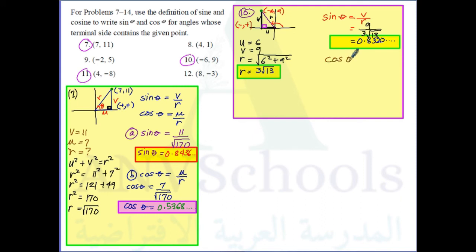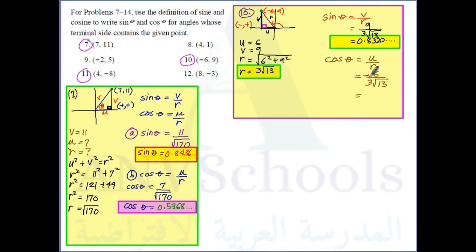Okay, we have u over r. So u over r, our u here is 6, over our r is 3 square root of 13. That would be 6 divided by 3 square root of 13, but it's negative because it's in the second quadrant.